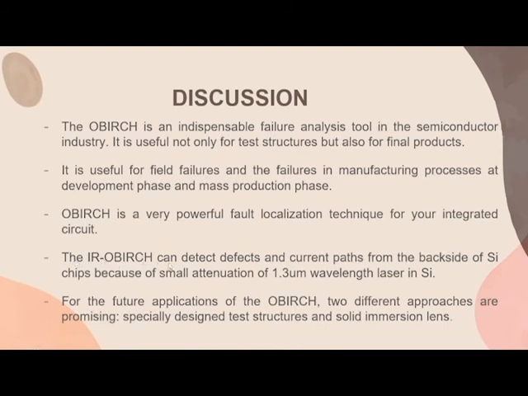This IR OBIRCH can detect defects and current paths from the backside of silicon, because of small attenuation of a 1.3 micrometer wavelength laser in silicon. So infrared can detect the defects.